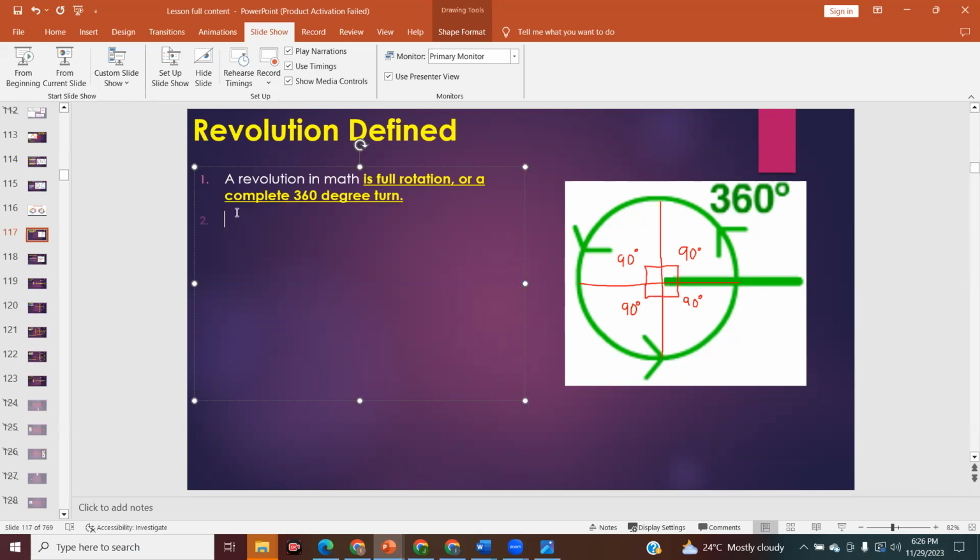Now, technically, this one is going in the anti-clockwise direction, if we want to be honest. But when I talk about 360 degrees, I mean this is 90, that one is 90, that one is 90, and you make basically a complete circle. And so a complete full 360-degree turn is a revolution.